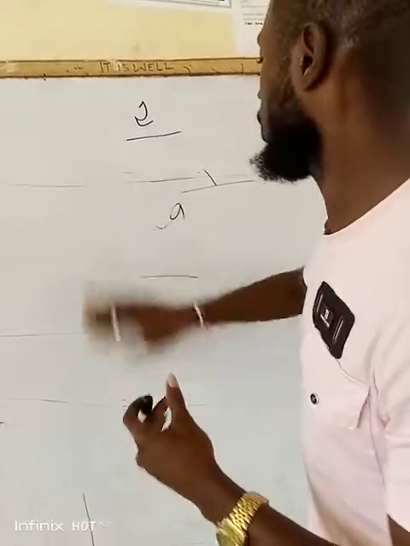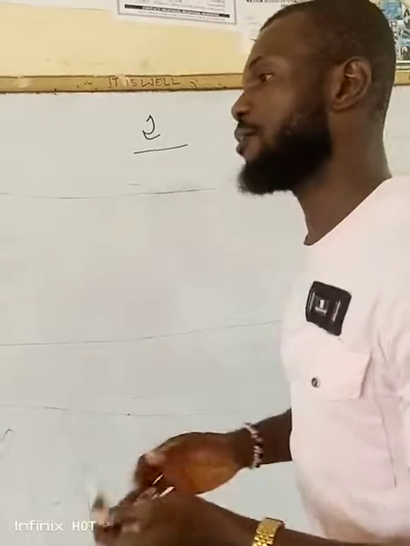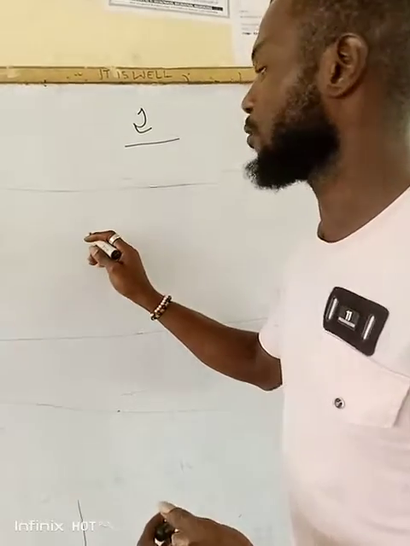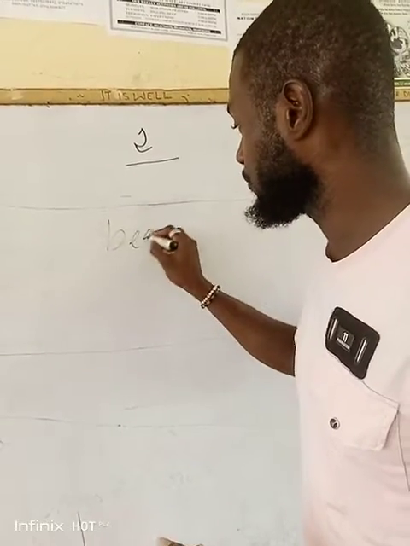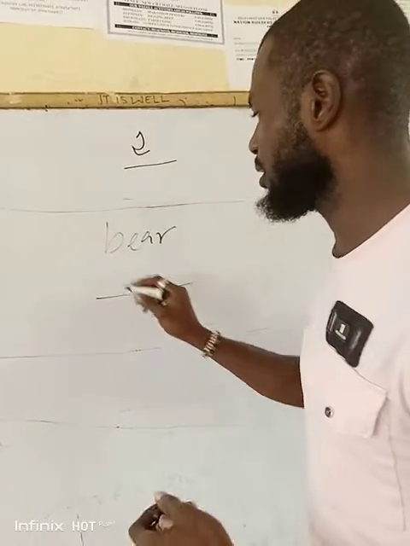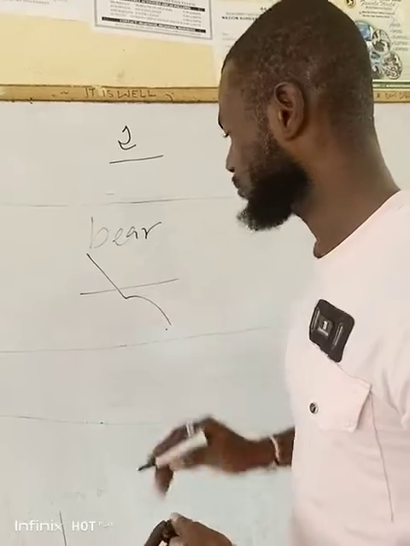Then the last one: whenever R ends a word, R goes down. For example, you have bear, beer.